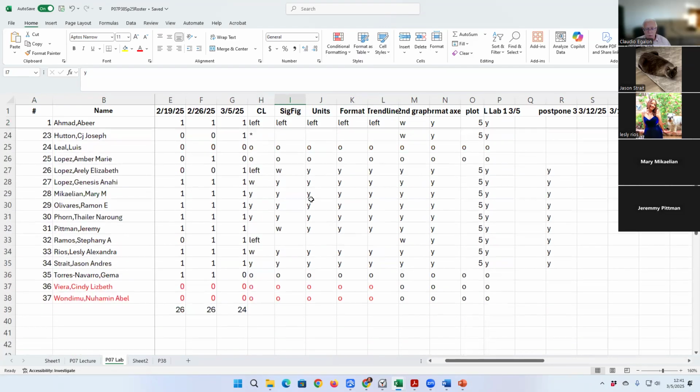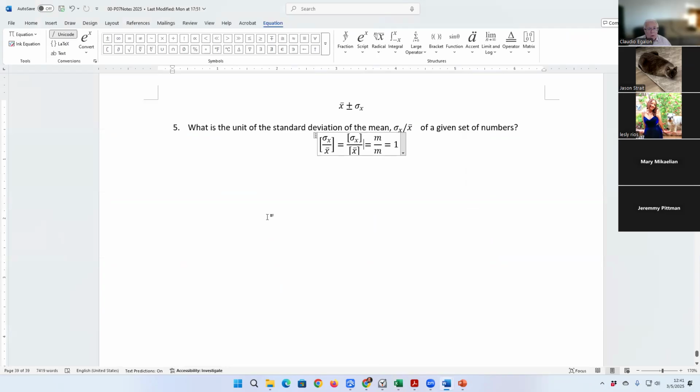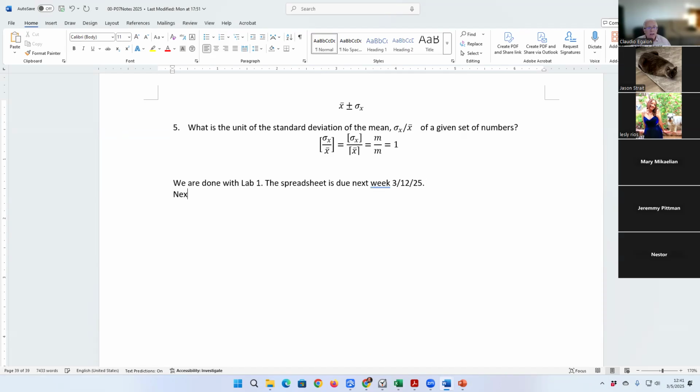I'm going to upload lab number 2 before we meet again. Let me write that down here. We're done with lab 1. The spreadsheet is due next week, March 12, 25. Next week we start lab 2.